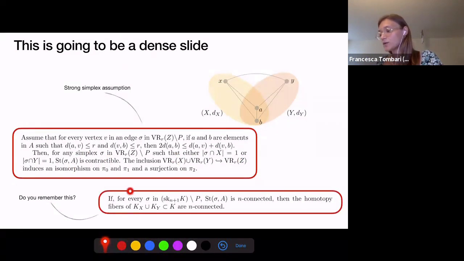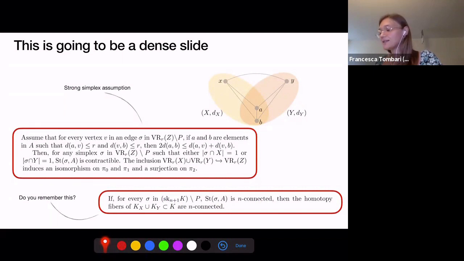if you remember, this was in the slide with a lot of text. There was this theorem that said that in order to ensure n-connectedness, so in this case, one-connectedness of the homotopy fibers, we just need to ensure that the obstruction complexes of sigmas in the two-skeleton are n-connected.